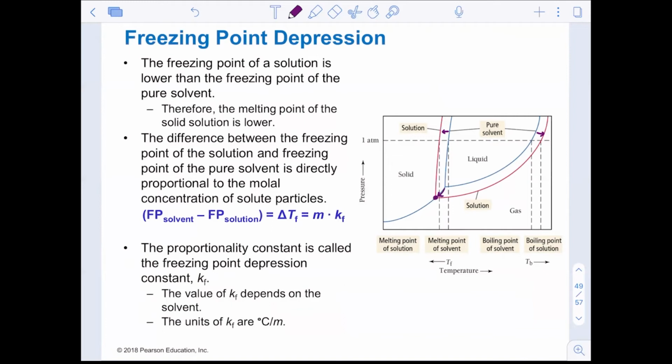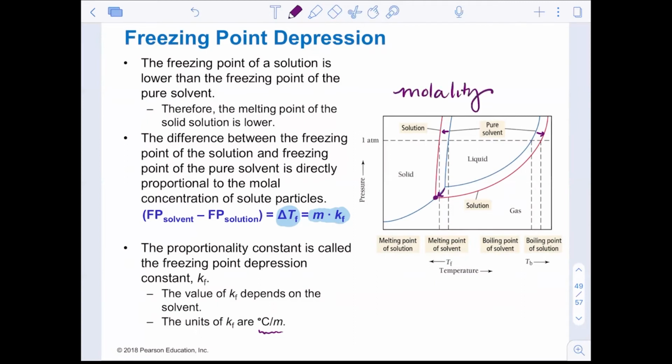Let's talk about the freezing point first. The change in temperature of freezing, delta TF, is going to be equal to the molality times the KF. Now, this is a proportionality constant, KF. You can look it up on a table. It's in degrees Celsius per molal, okay? So it is going to be molality here.